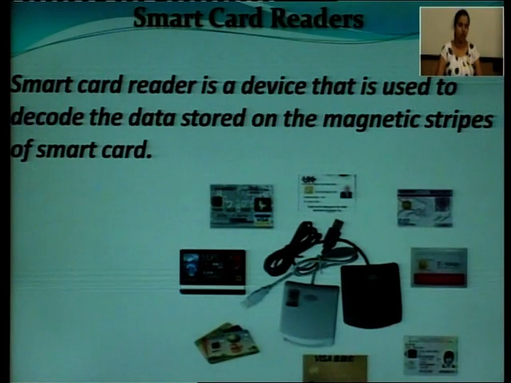Suppose you go for shopping and you give your card and make your payment. Some devices read your card, your bank, your account, your password, etc. so that you can pay the amount at the same moment. So, these are the smart card reader devices which read the smart cards.